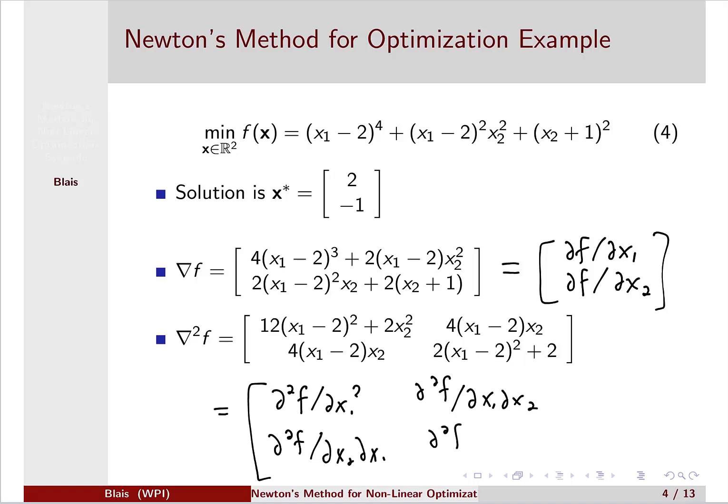And in the bottom right entry, the second order derivative of f with respect to x2 twice. Because f is continuously differentiable, these off-diagonal entries will be equal, giving us this symmetric Hessian. When we go through and calculate our second order partial derivatives, we obtain this matrix here.